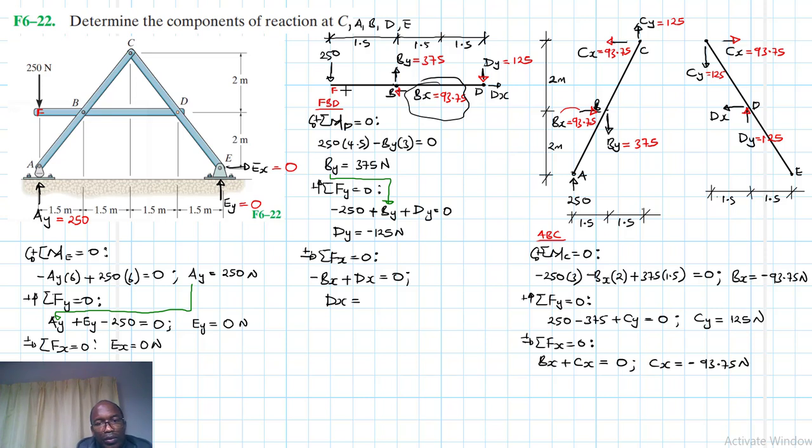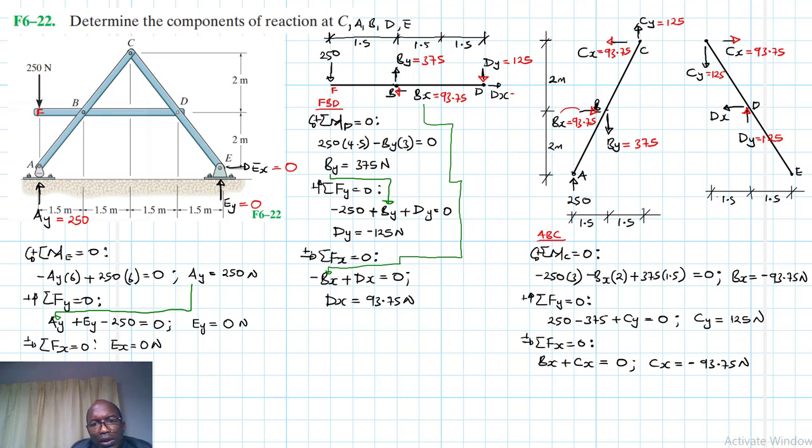So getting that value there and feeding it here, we'll have Dx equal to 93.75 newtons.